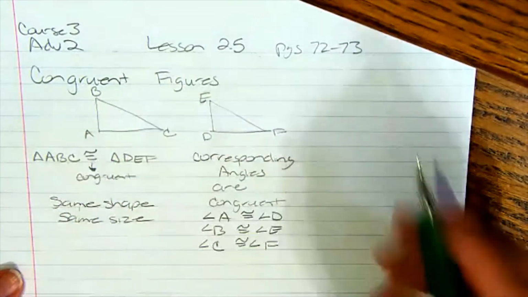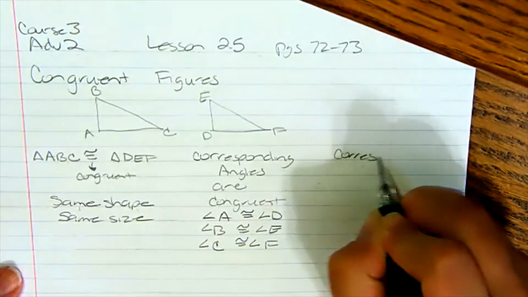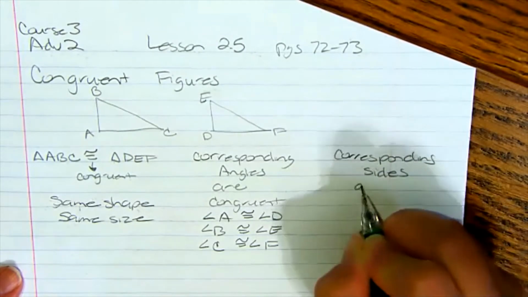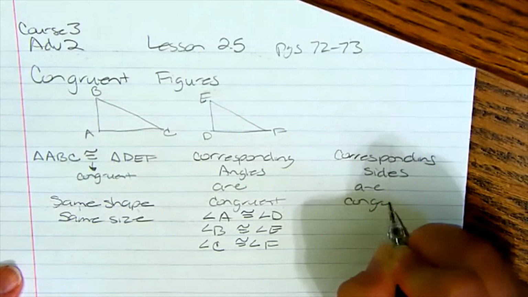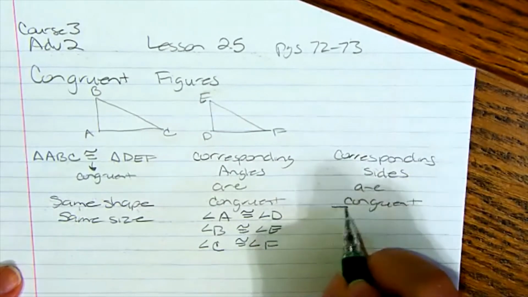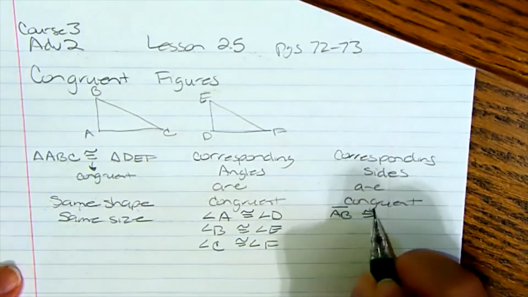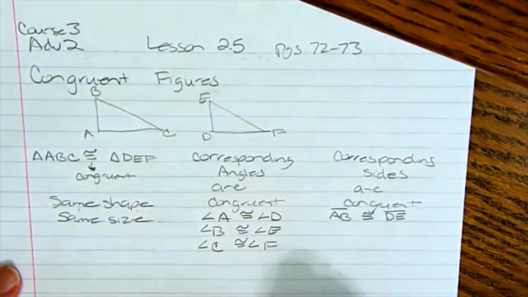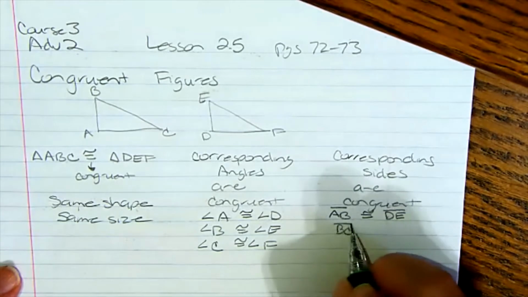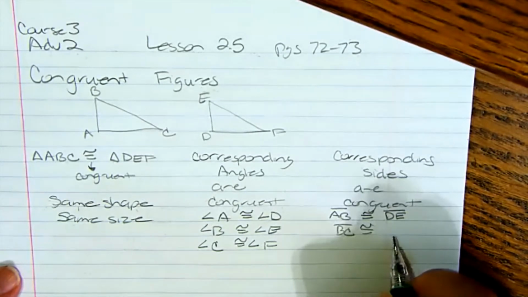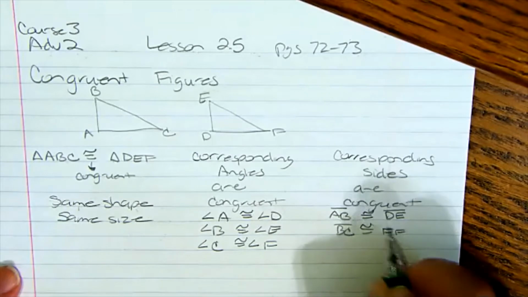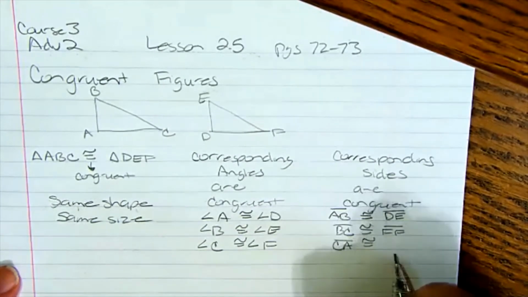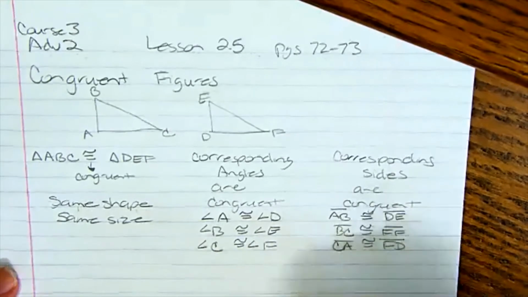And in congruent figures, corresponding sides are congruent. So side AB is congruent to side DE. Side BC is congruent to side EF. And side CA is congruent to side FD.